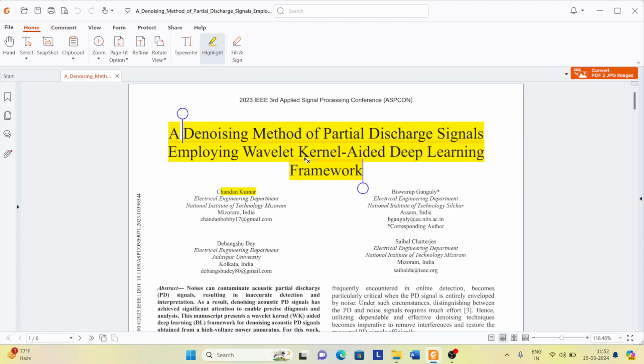Next, that is the wavelet kernel method. What is kernel method? That we should know. Kernel methods are a class of algorithms that operate in the high dimensional feature space defined by the kernel function.